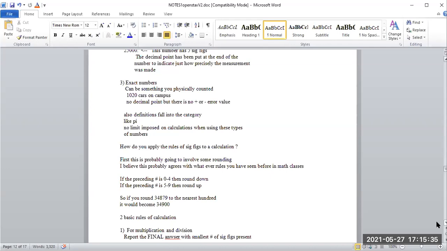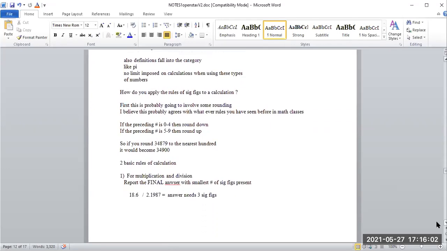E, 2.78, and that one also, like pi, keeps on going. Also, definitions telling you that there are 100 centimeters in 1 meter would not influence a math problem because it is considered to be a definitional thing.